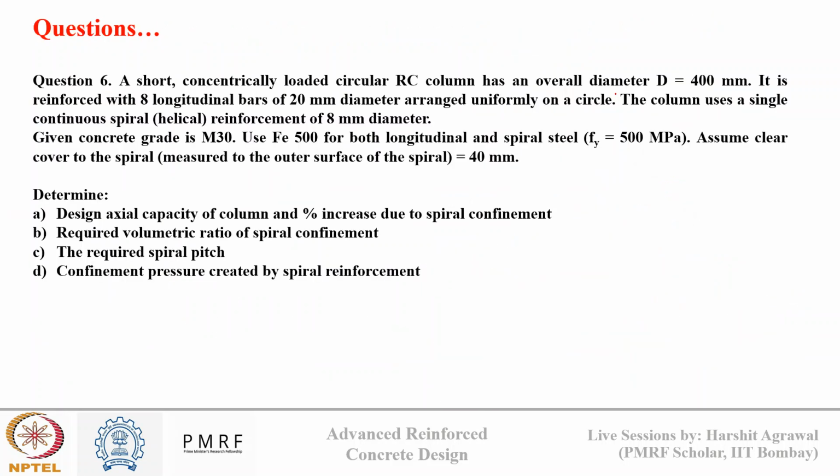Let's see one example in which we will do all these three different calculations. We have a short concentric loaded RC column, which means that e is equal to 0. It has an overall diameter of 400 mm. It is reinforced with 6 longitudinal bars of 20 mm diameter, uniformly arranged in a circle. The column uses spiral reinforcement of 8 mm diameter.